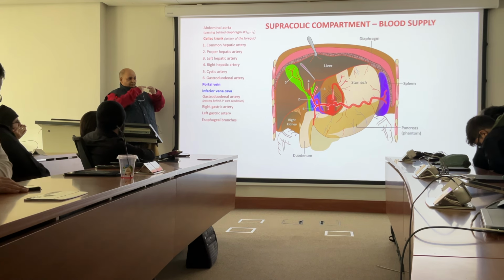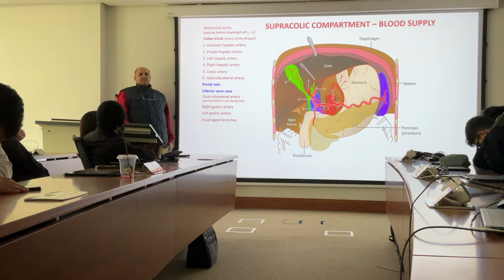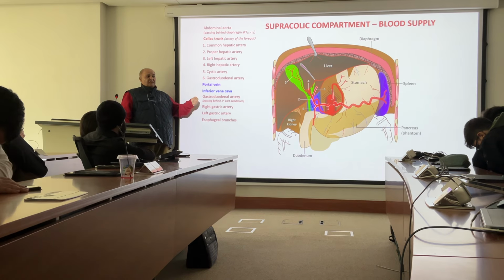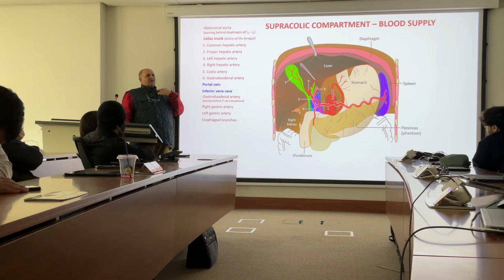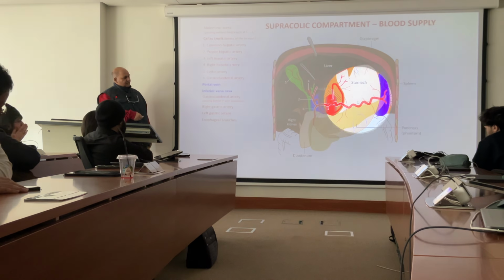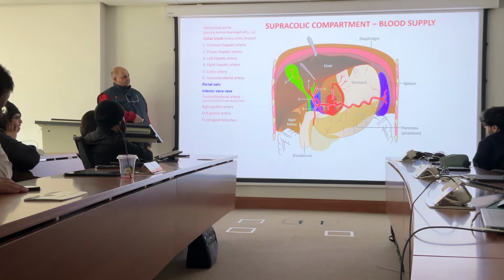They join face to face, and both of them contribute to supply the lesser curvature of the stomach. Obviously, left gastric has a big contribution, right gastric has a small contribution. But I'm not asking you who's giving more blood. Guys, are we clear? So now you have looked at this splenic artery, which is tortuous.